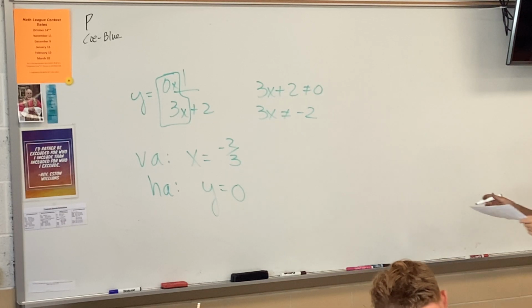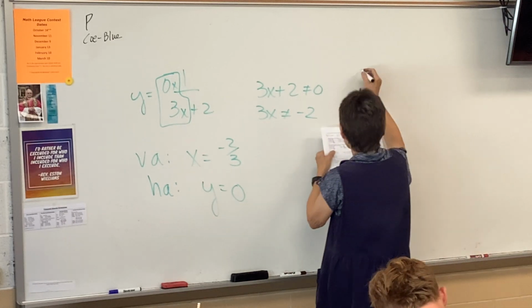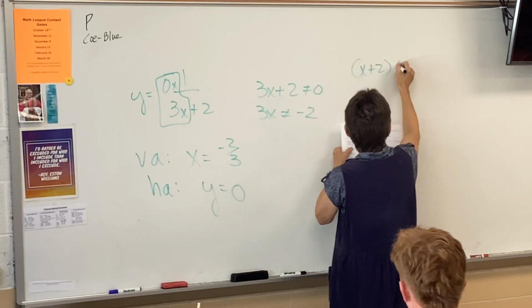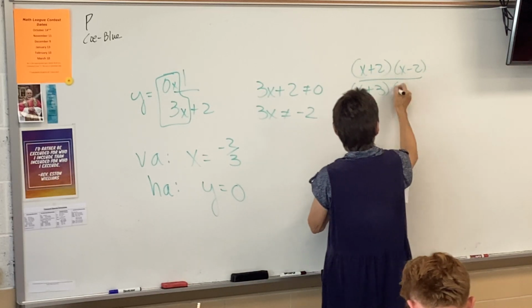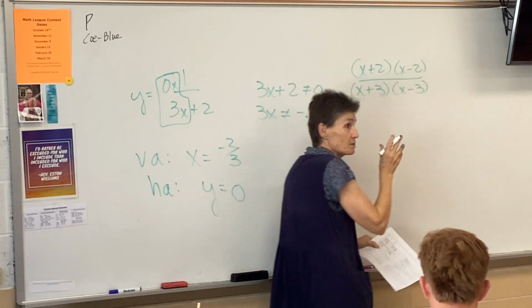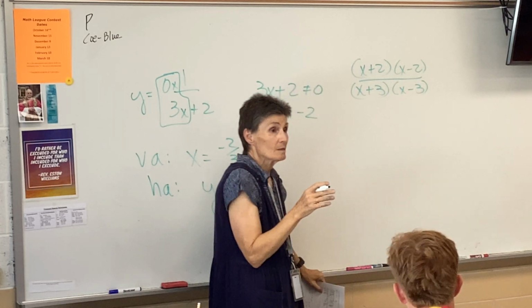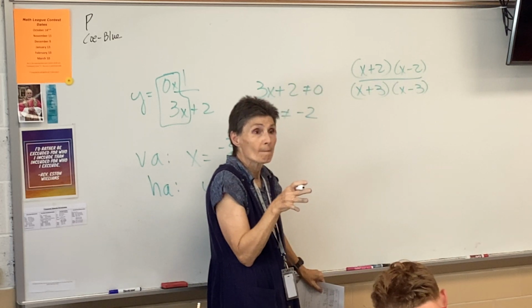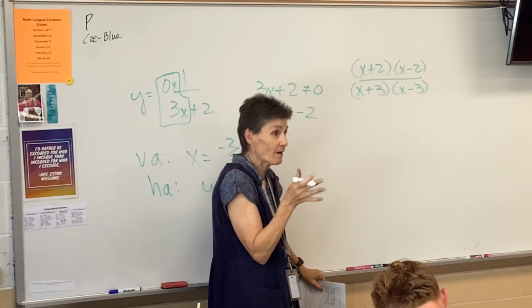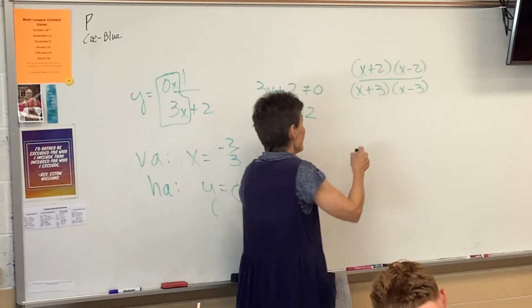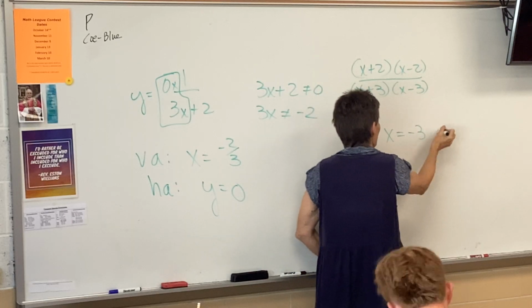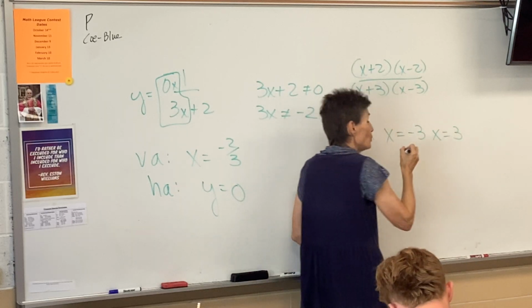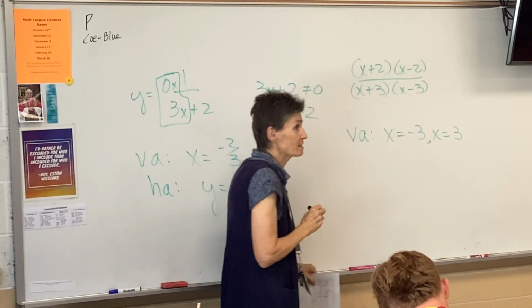What about C? Well, C is going to have no holes. Why not? Nothing canceled. I could factor, but nothing canceled. There are 2 things in the denominator, so I am going to have 2 vertical asymptotes.